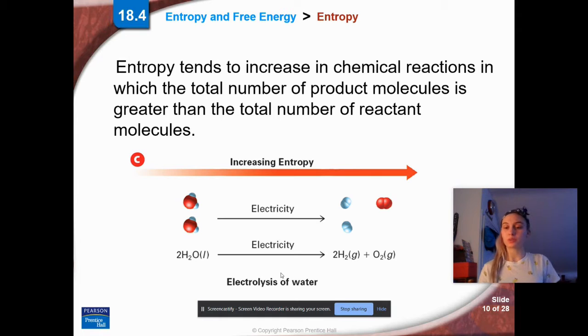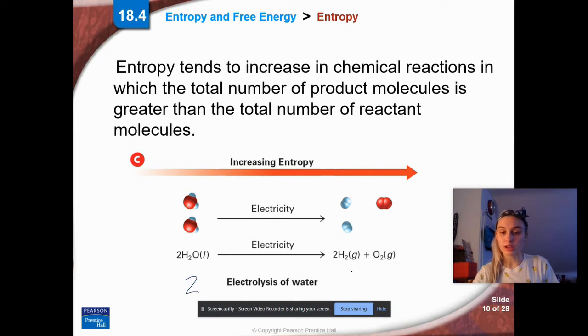So basically what that means is if you look at this diagram down here, you have two water molecules, right? And then, through electrolysis, which is the breaking up of water into its like parts, basically, you get your 2 molecules of H2, and then your 1 molecule of O2.